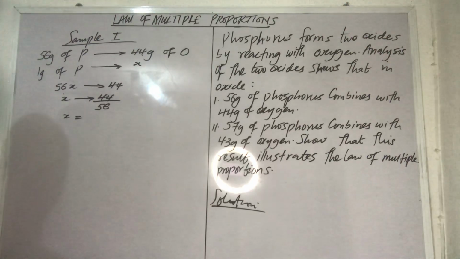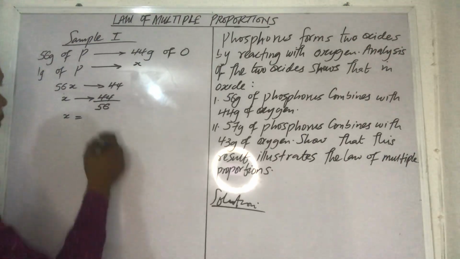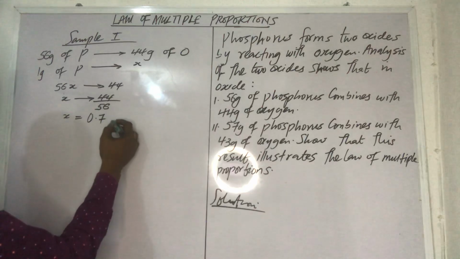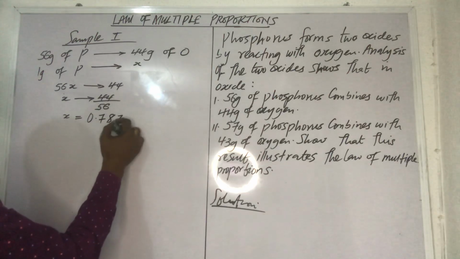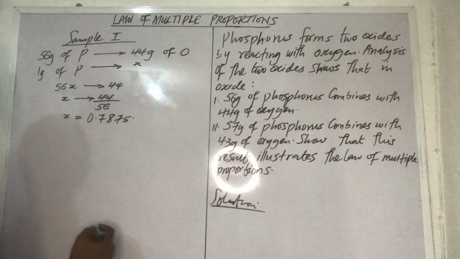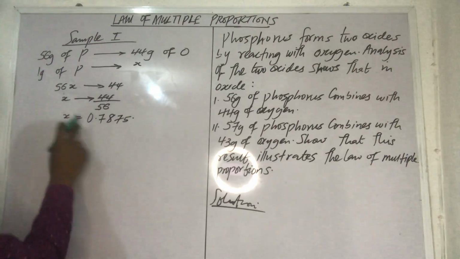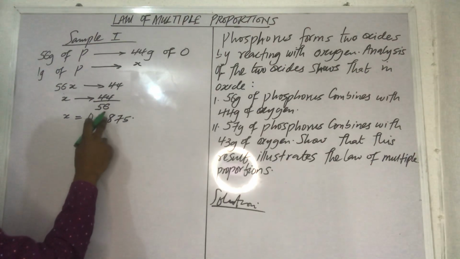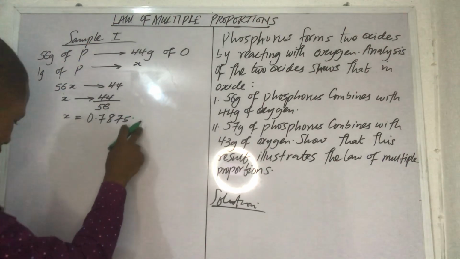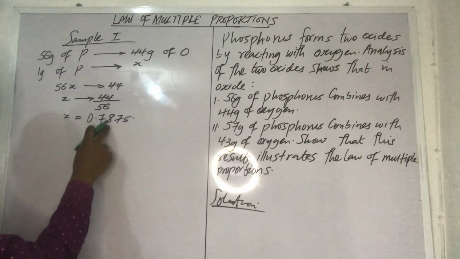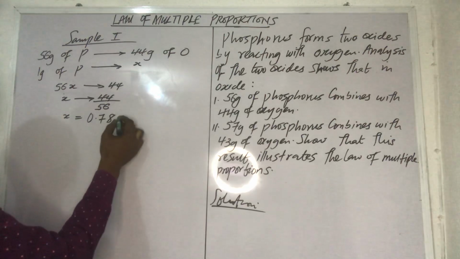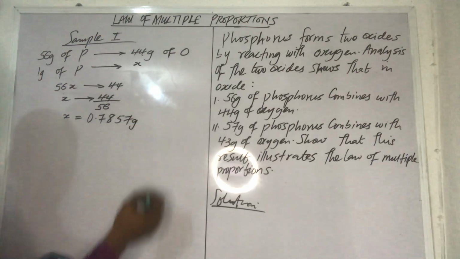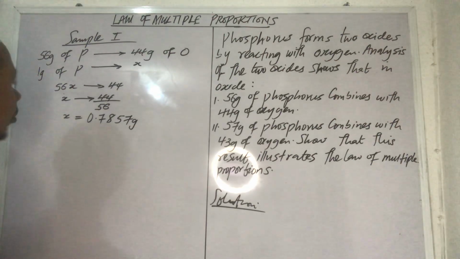44 divided by 56, we have 0.7857. That is, 1 gram of phosphorus will combine with 0.7857 grams of oxygen.